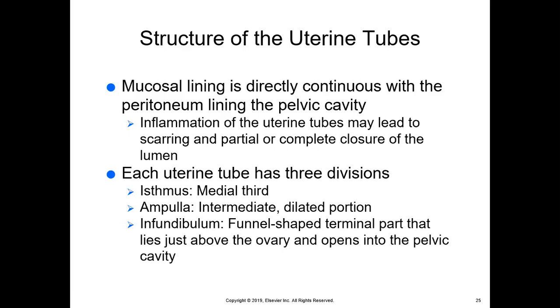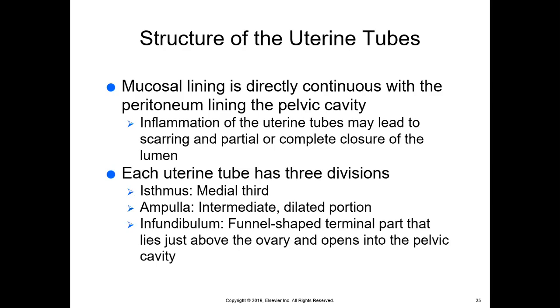And as the body's trying to heal itself, you're going to get scarring until the body fights it off. So what we find with people that have a lot of sexually transmitted diseases is that their fallopian tubes, or the uterine tubes, get a lot of scarring.